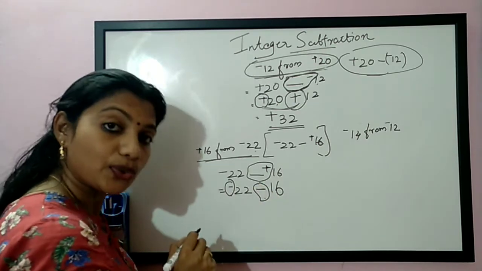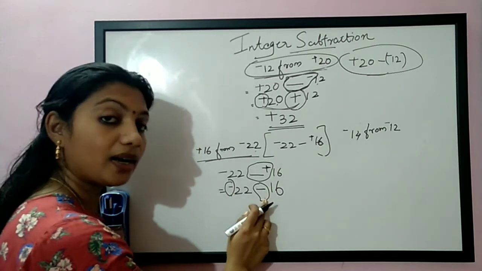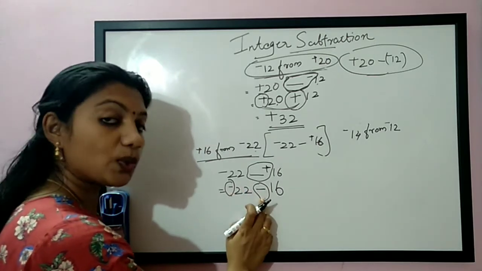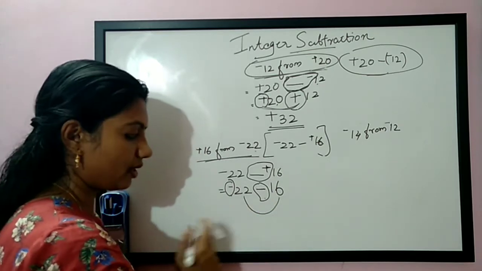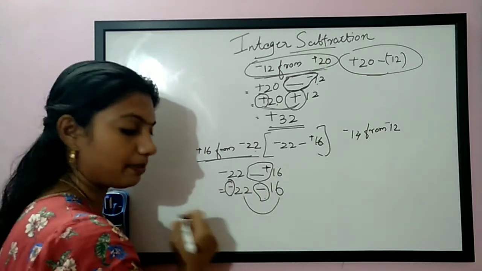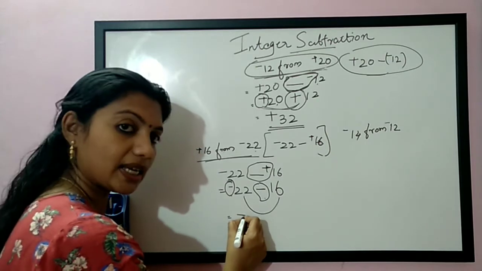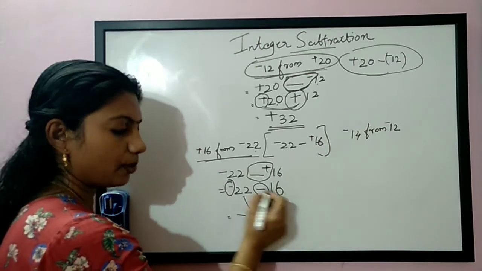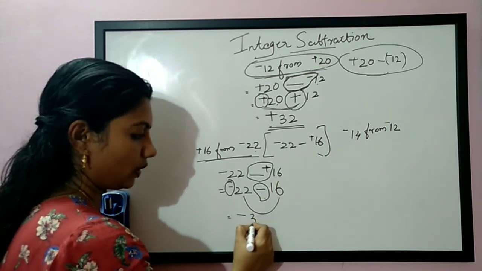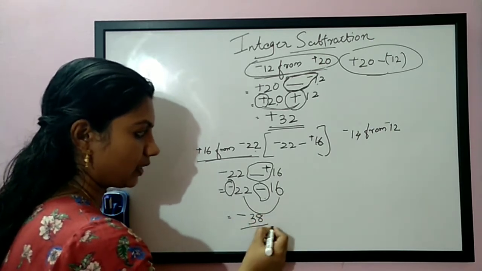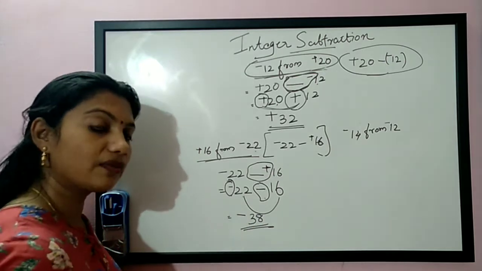Yes, these two symbols are the same. Both are negative. When these two symbols are the same, I am going to add these two numbers and put this symbol. So the symbol is negative, and I am going to add 22 plus 16, which will be 38. So the answer is negative 38.